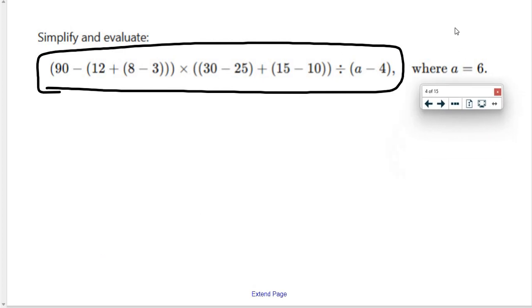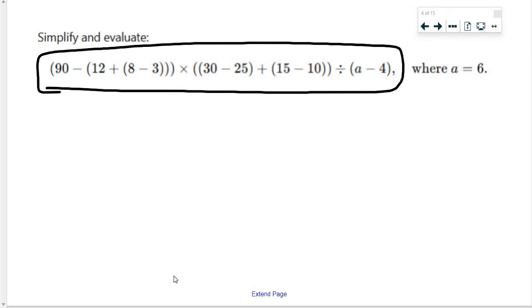So what we are going to do is to work out one bracket after the other. But you can see that the value of A here equals 6. So we are going to rewrite this expression, and when we reach A, we are going to replace A by 6.